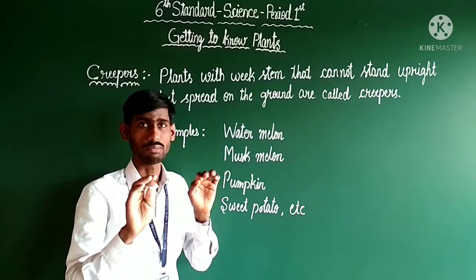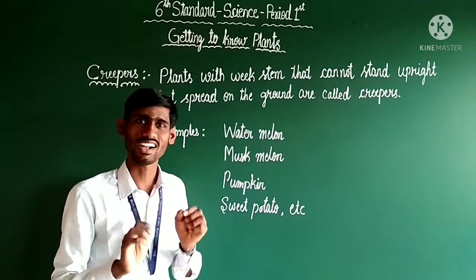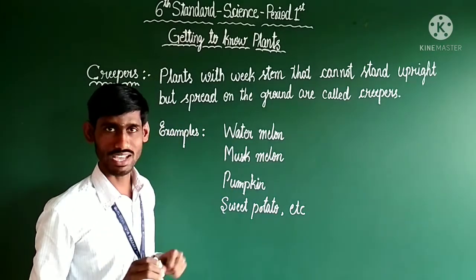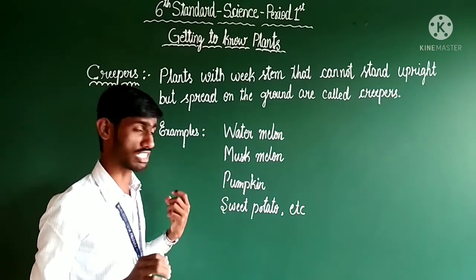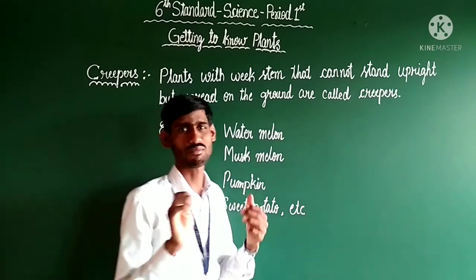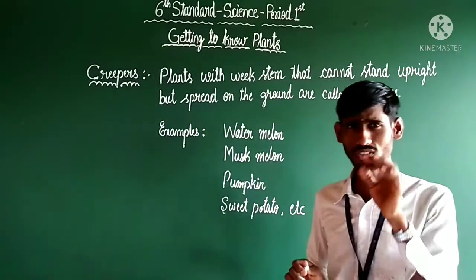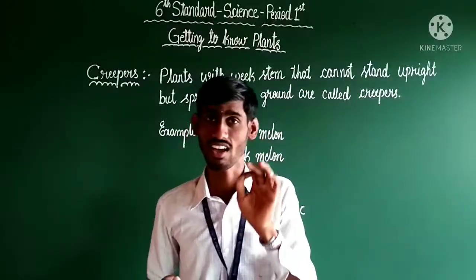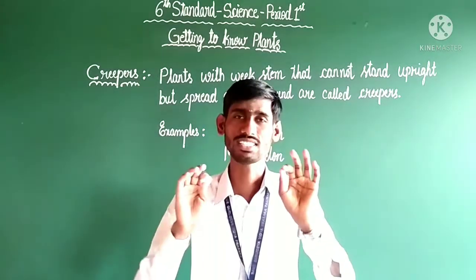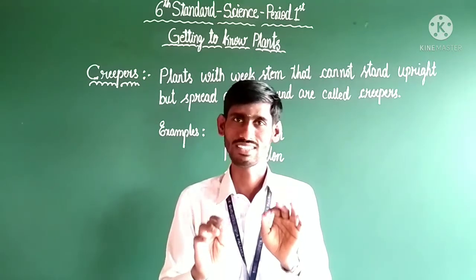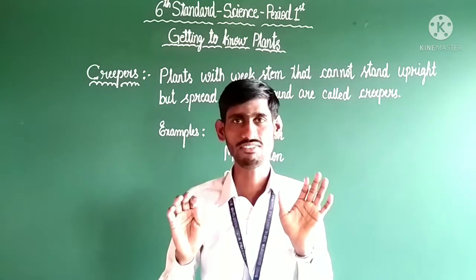This type of plant is called a creeper. And one more example, musk melon. And another example, pumpkin and sweet potato are examples of creepers. The major important characteristic of creepers is that they spread on the ground because they can't stand upright.